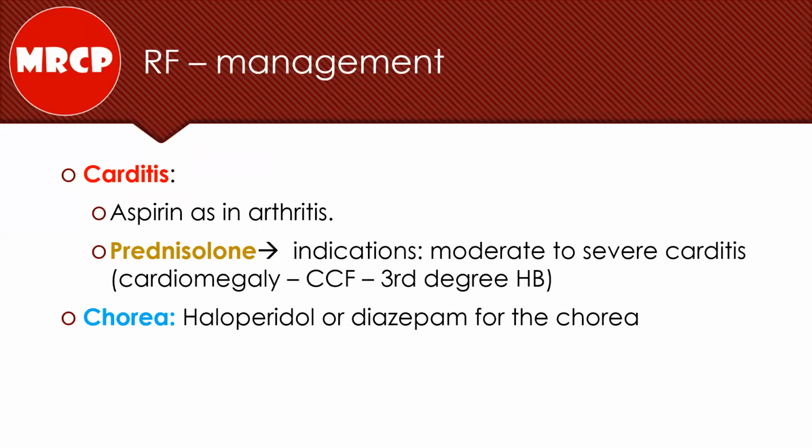Indications include moderate to severe carditis, that is cardiomegaly, congestive heart failure, or third-degree heart block. If you have a clinical scenario of rheumatic fever with the patient presenting with cardiomegaly, congestive heart failure, or third-degree heart block, you have to consider prednisolone therapy in addition to aspirin.